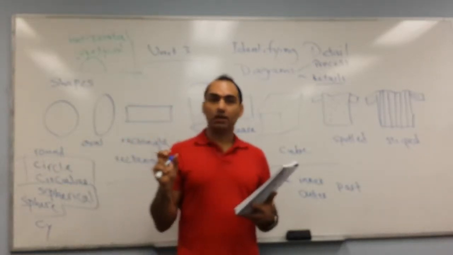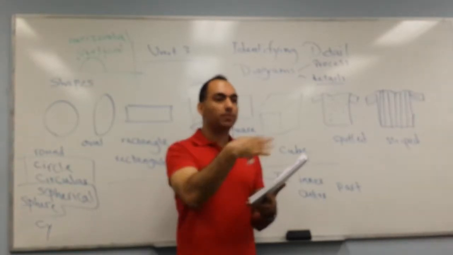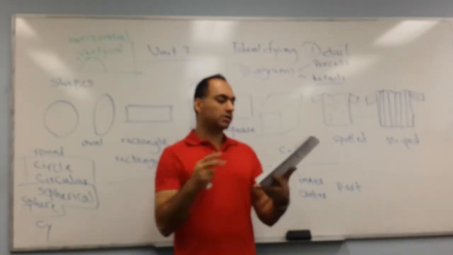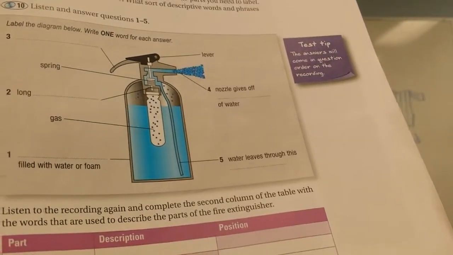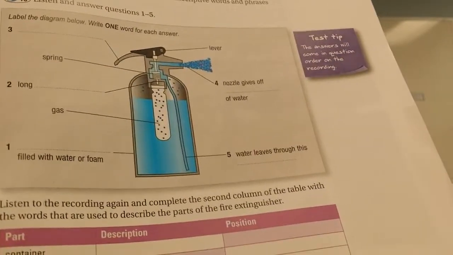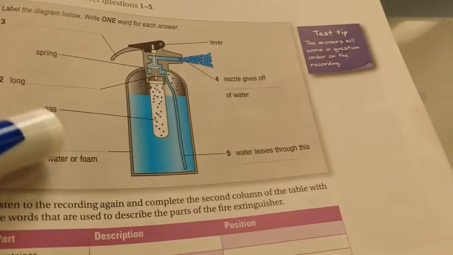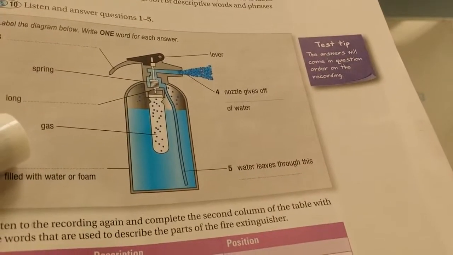The recording may also talk about other words. So you see, not every word is a question here. When you look at the picture in your books, you see that number 1 is the gap. But then gas here, that's not a gap.